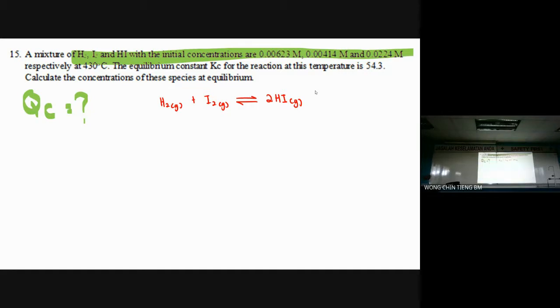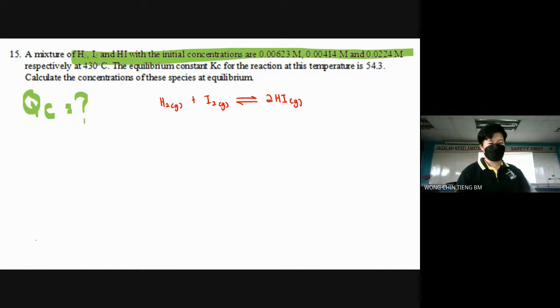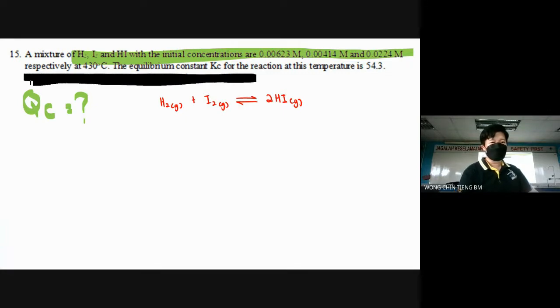Kamu ambil yang initial saya, ambil yang initial. Saya nak QC if this value. Alright, ni kira soalan saya sekarang, tak ada soalan bawah ni. Baca soalan macam ni. Dah.